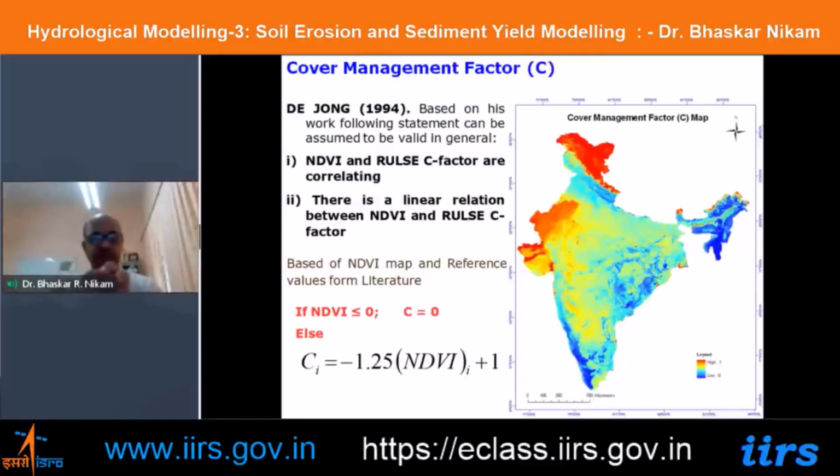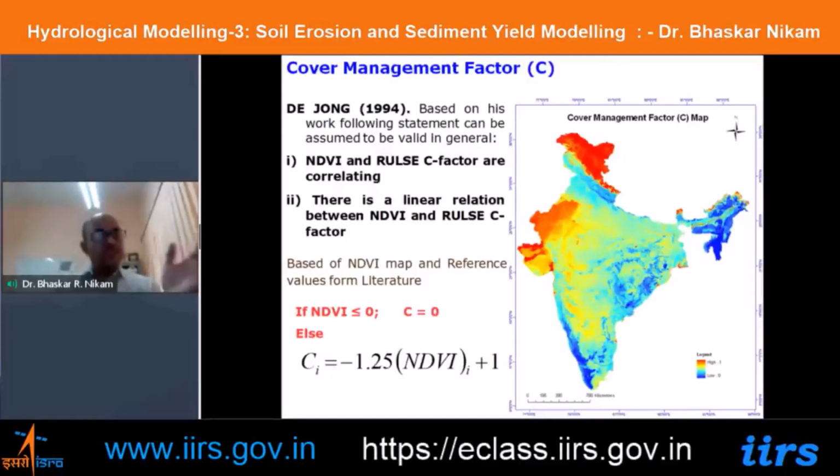If there is no erosion happening from that area, the value of A of the Russell equation, R into K into L into C into P, LS CP is equal to A, so the value of A should become 0. Now, when can it become 0? Either one or many parameters are 0. Do we have rainfall there? Yes. Do we have soil there? Yes. Do we have topography there? Yes.